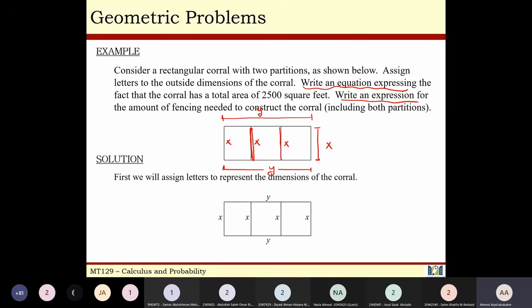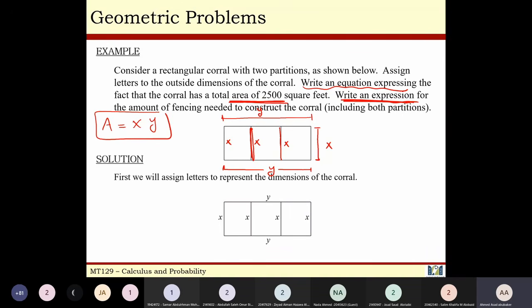Okay, now we need to write the equation expression for the corner that has total area 2500. So what's the value of area? Area equals x في y، بس هذا هو. المساحة هي الطول في العرض.